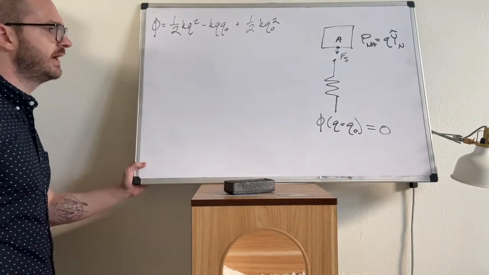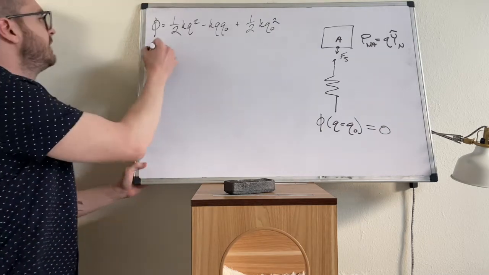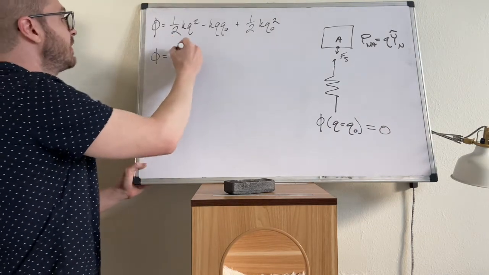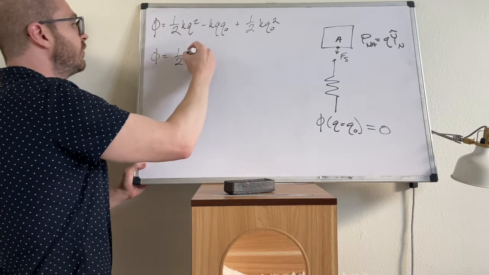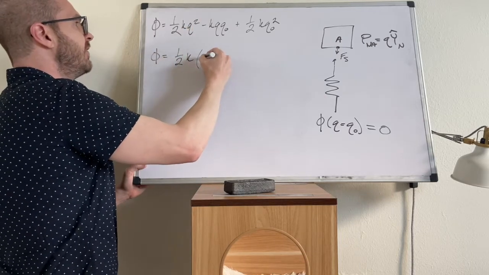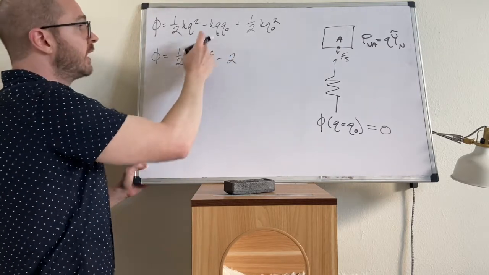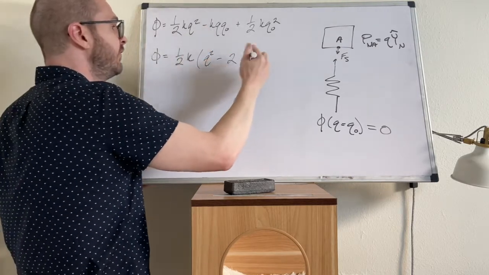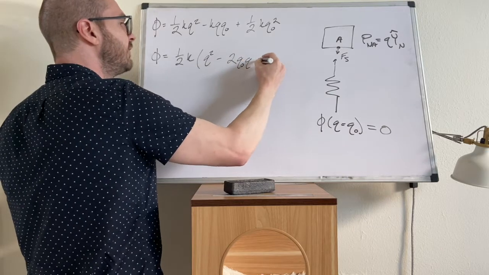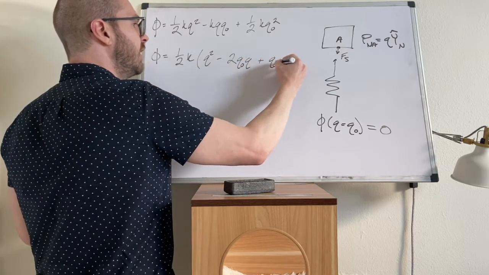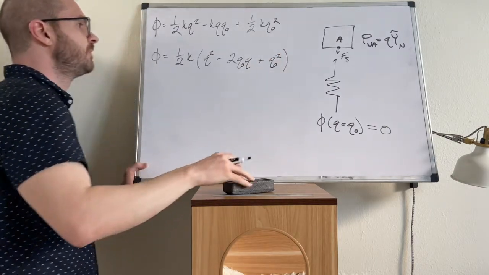So what can we do next? Well, let's say we factor out a 1/2, and we can factor out the k. So 1/2 k, that's going to yield q squared minus 2, right? If you're pulling a 1/2 out of the middle term, there's a 2. q naught q plus q naught squared.